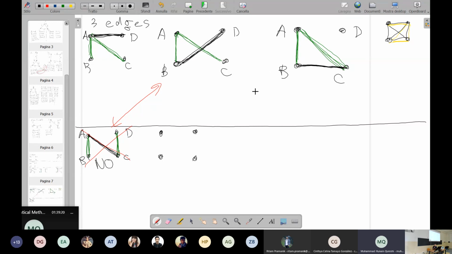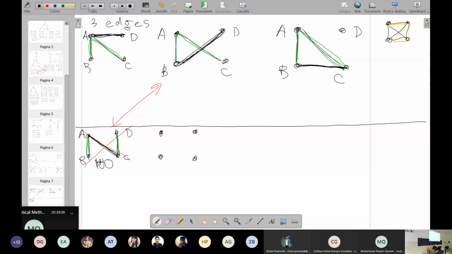But it's not a sufficient condition. Do you see what I mean? Yes. Okay, so be careful. This is a useful way of finding non-isomorphic graphs, but not for finding isomorphic graphs, okay?